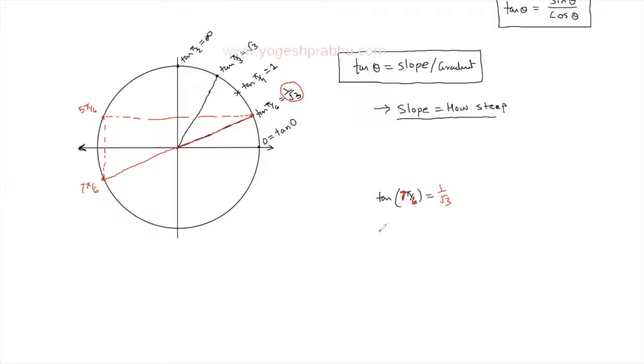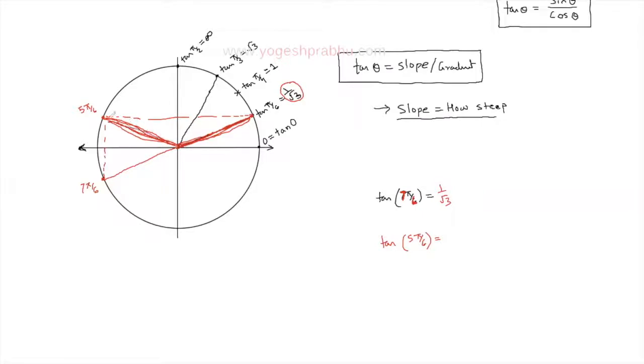Now the next question I want to ask you is, what is going to be tan of 5 pi by 6? Now 5 pi by 6 is the angle over here. Now for the slope of 5 pi by 6, I just want you to understand with your common sense that this line and this line are equally steep. So they both have an equal slope.